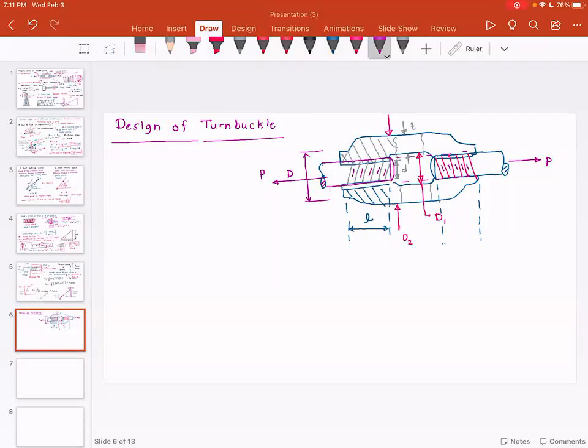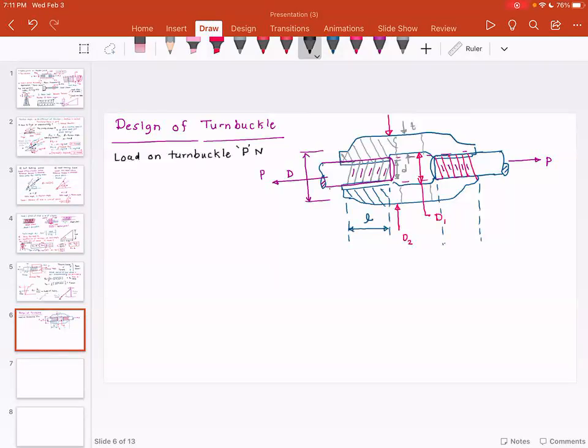Okay, so the objective of this design exercise is to design the turnbuckle, and I'm going to give you some problem statement. The load on the turnbuckle is P Newton.